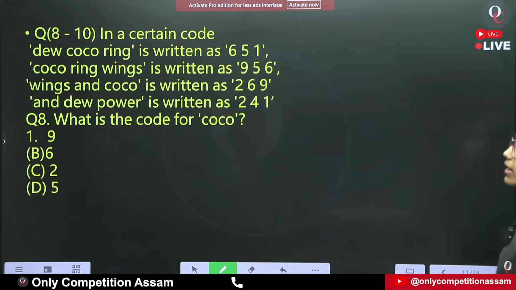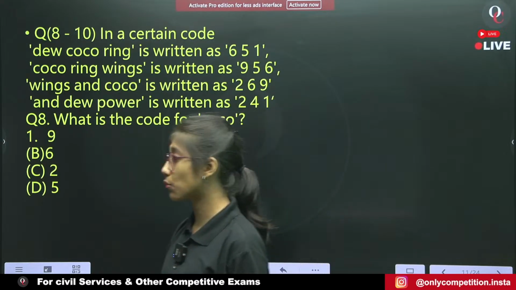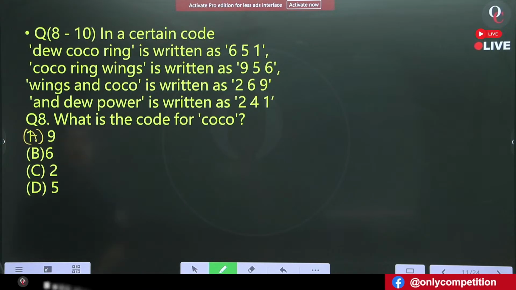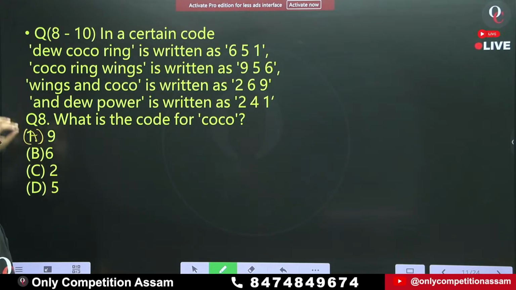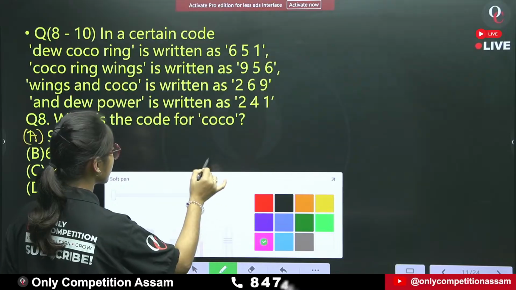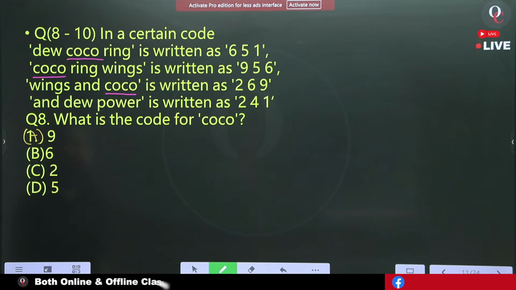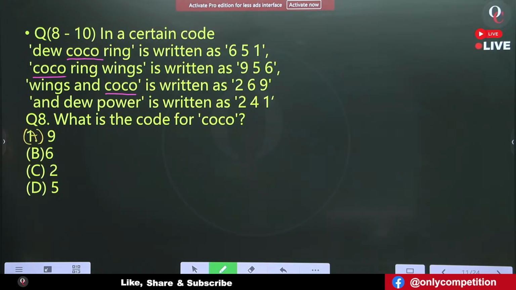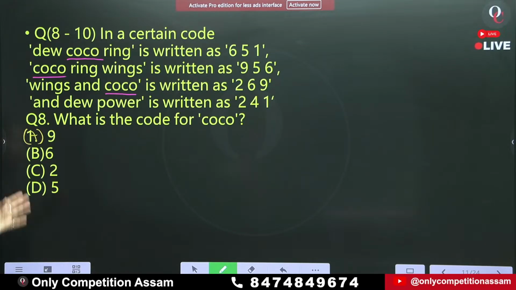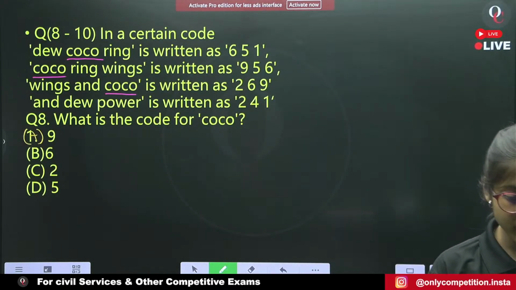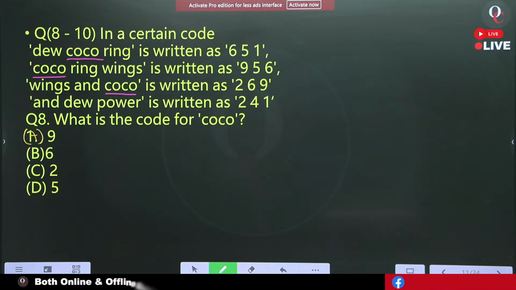Next. This is also a question of Chinese coding, okay. What is the code for cocoa? Now we need to search for the word cocoa. Cocoa is in which sentence? It is in the first sentence, second sentence and third sentence. If these 3 words are in these 3 sentences, then we must find a common number for cocoa.